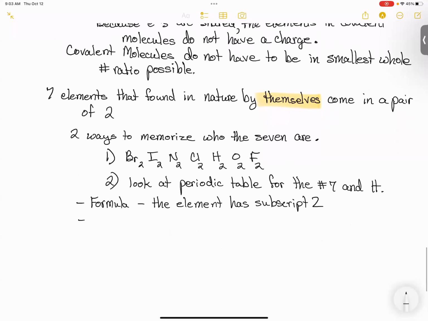For the name, it's simply the name of the element. So if I say iodine, I am talking I2. If iodine isn't a compound, it's no longer stated as iodine, it's now stated as iodide. But if I say iodine, I'm talking I2.